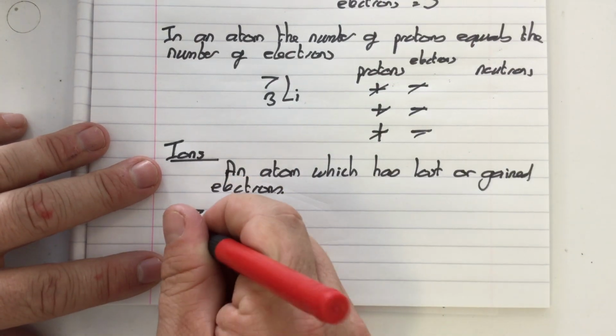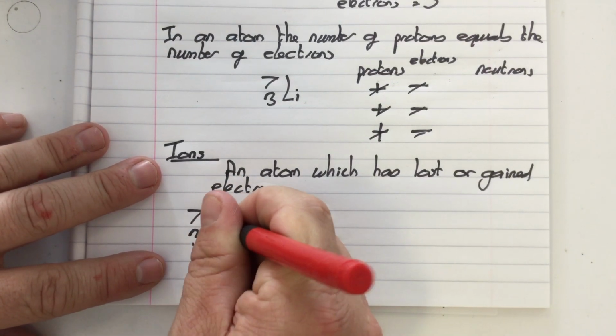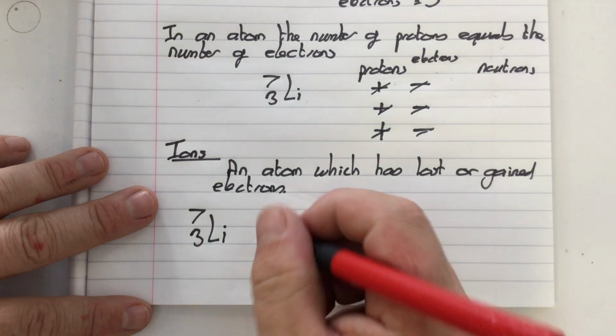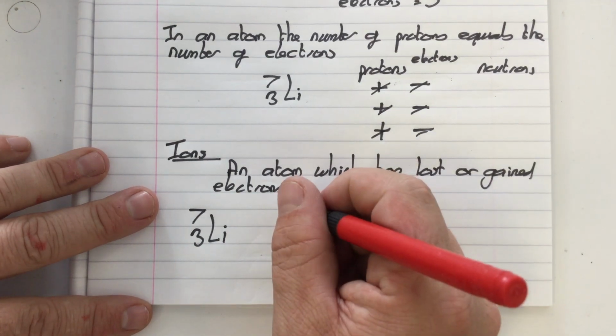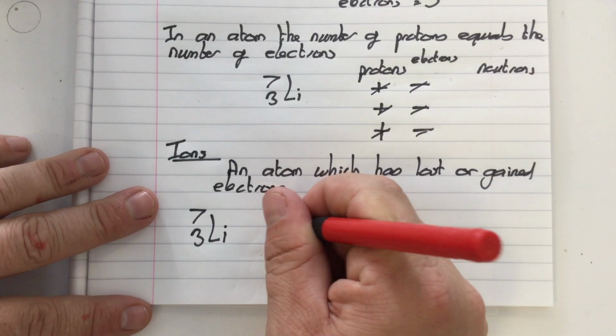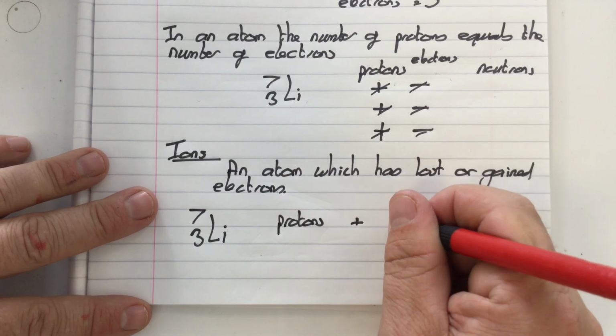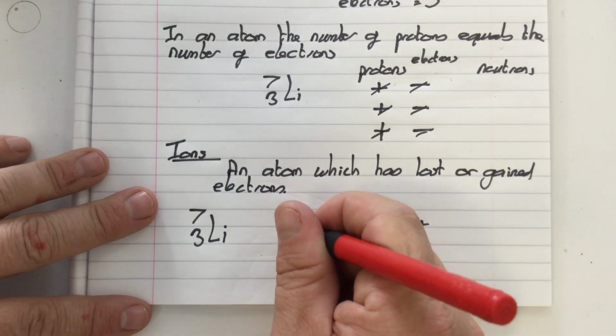So if I did an atom of lithium, which we know is 7 over 3 Li, and if we look at the number of protons, we said that it has 1, 2, 3.